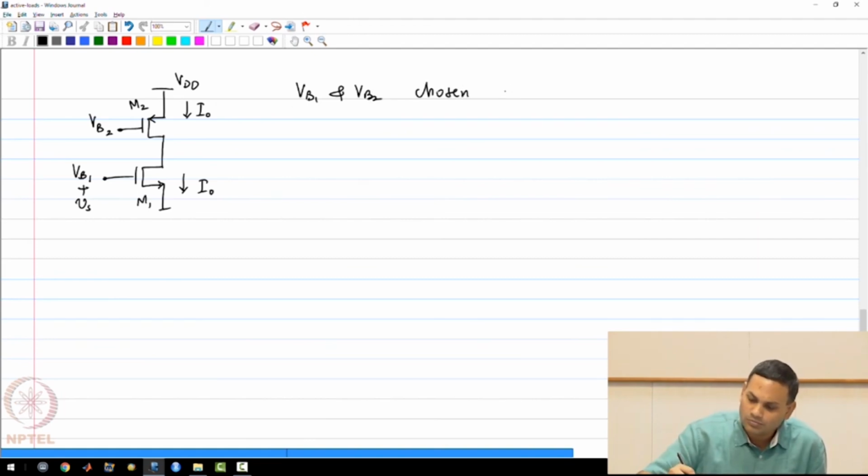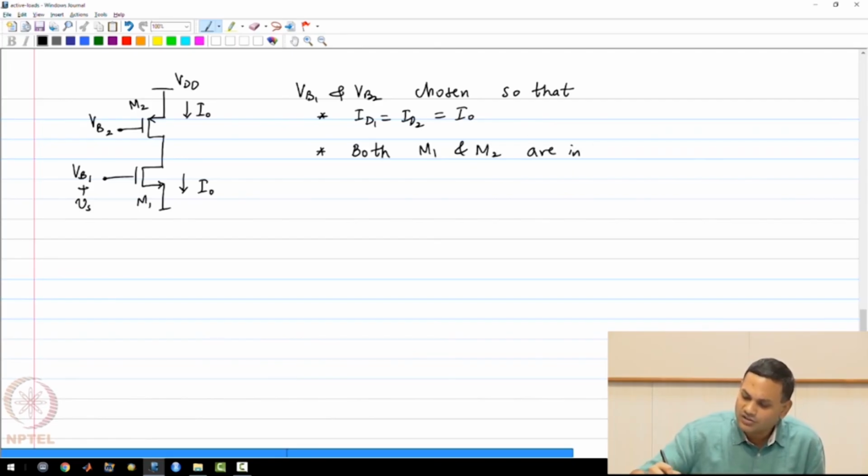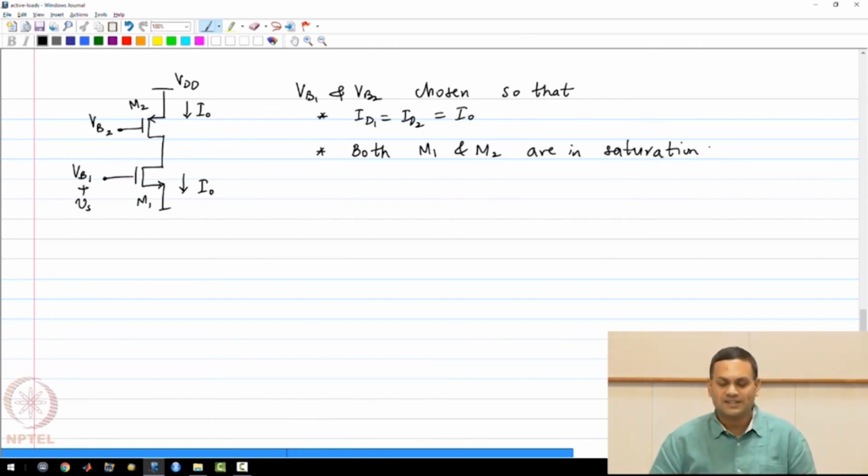I'll write it down. Both M1 and M2 are in saturation. This is a very important condition, as you will see. So you need to choose VB1 and VB2 very carefully.